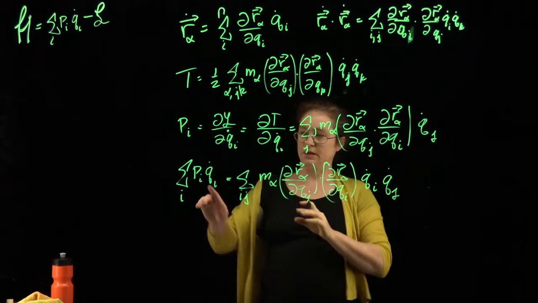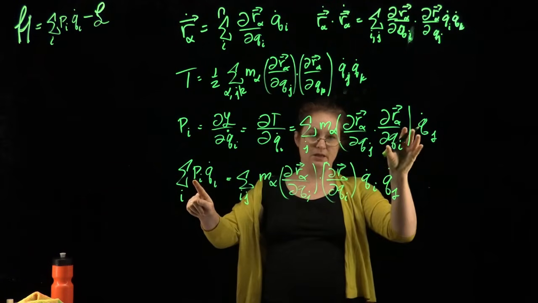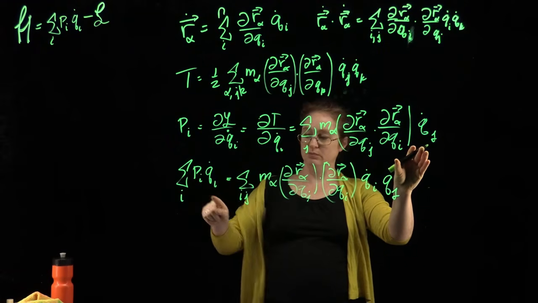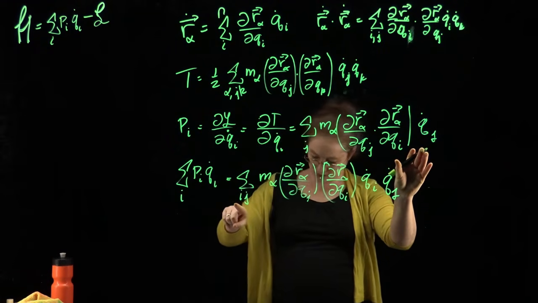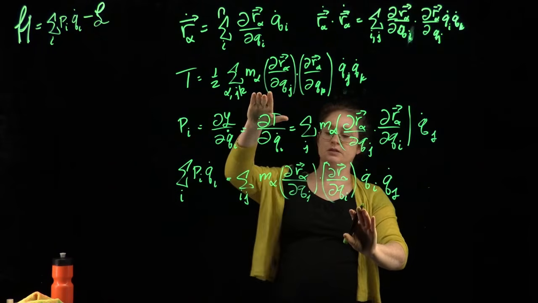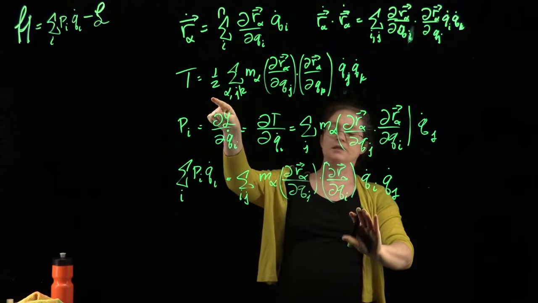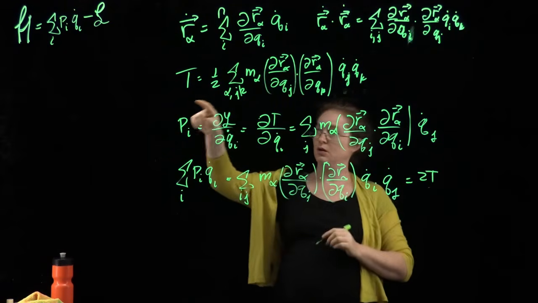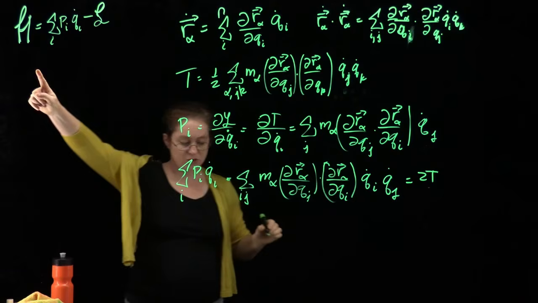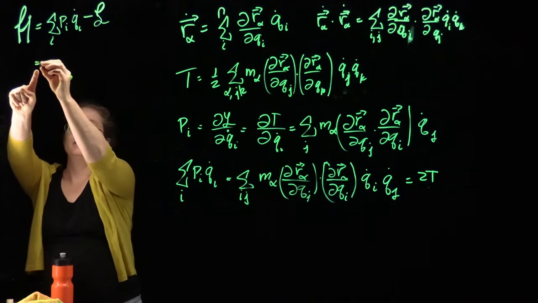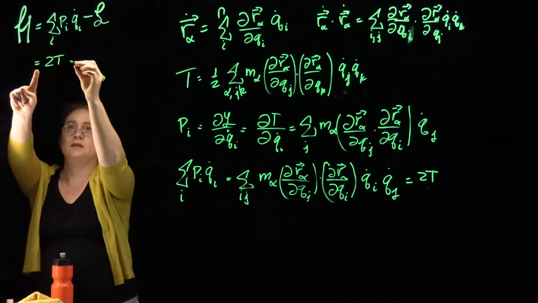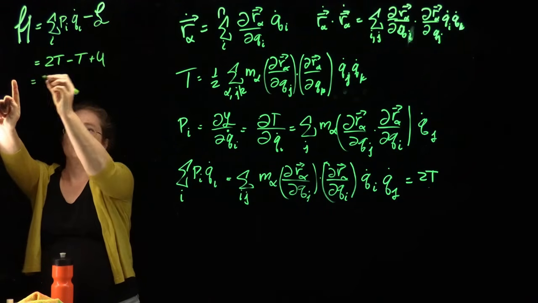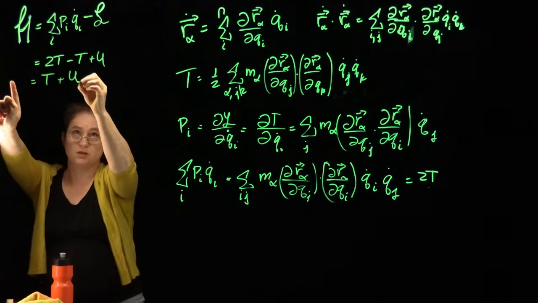Here I have used that the pi is this expression. And then by comparison with this, I can see that this is in fact 2T. So then I can come back here, and this is 2T minus T plus U, or T plus U.